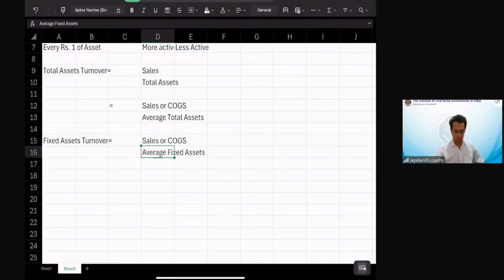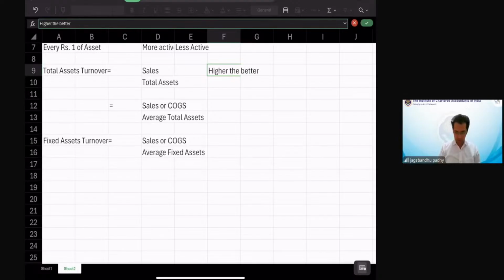So if it's total asset turnover, what should be the rule? Should it be higher the better or lower the better? It is obviously higher the better, as it indicates higher level of efficiency.